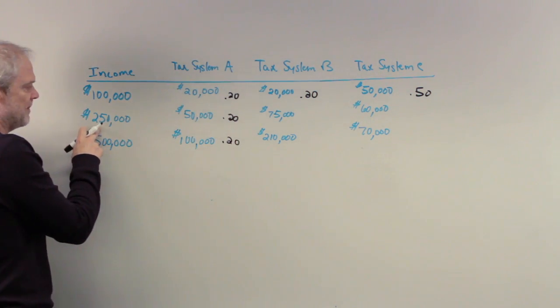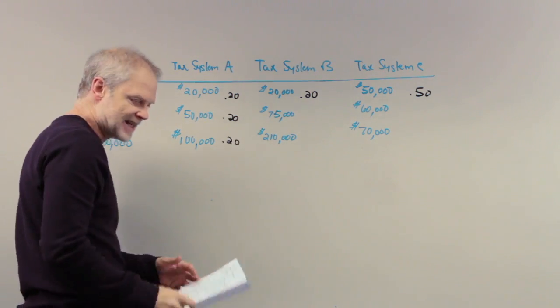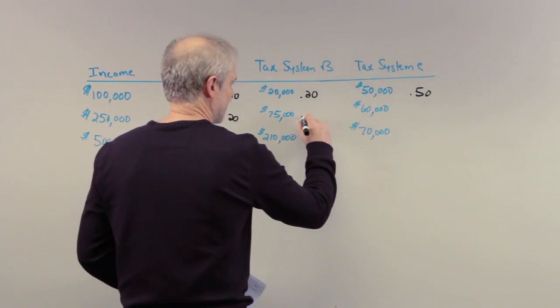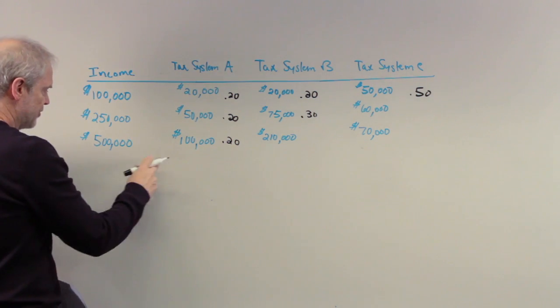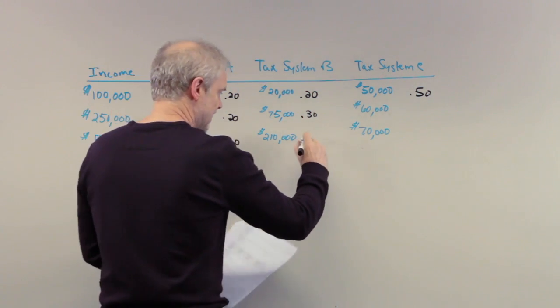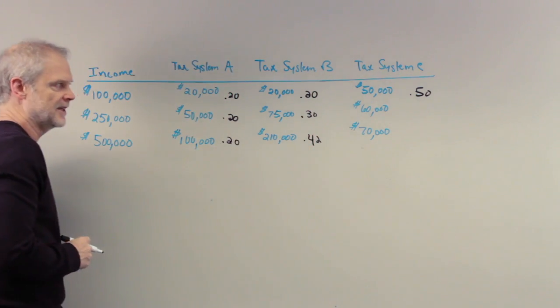This person made $250,000, paid $75,000 in taxes, and therefore this person paid 30% of their money as an average tax rate. Okay. Lastly, person made $500,000, paid $210,000 in taxes. This person paid 42% of their income in taxes.